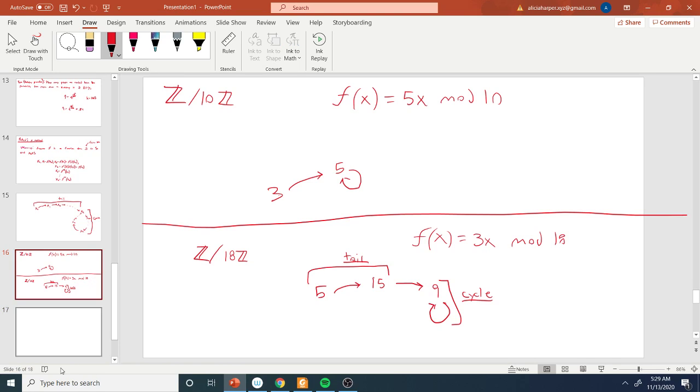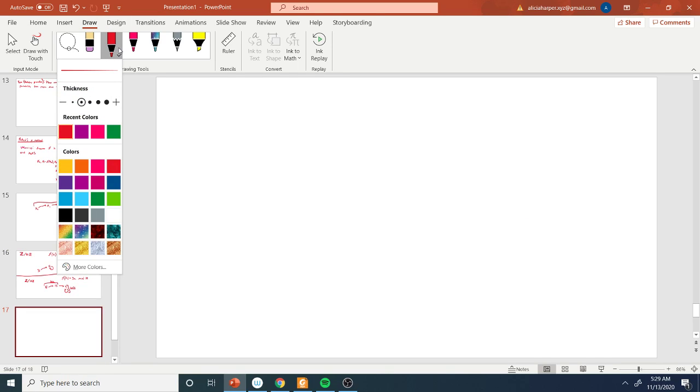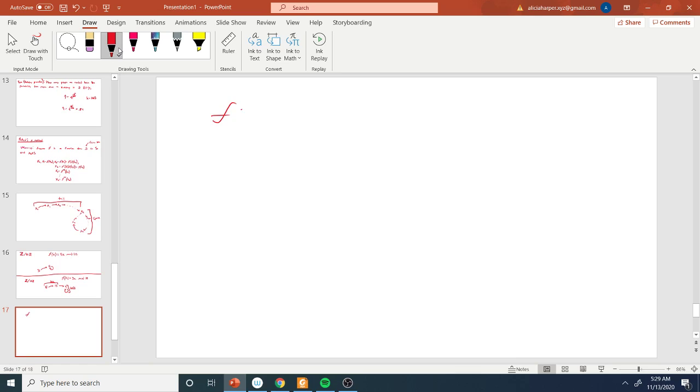I guess I could do something artificial. Here's a very artificial example. So f is going to be a function from Z to Z. And basically it's going to go as follows. 1 goes to 2. 2 goes to 3. 3 goes to 4.